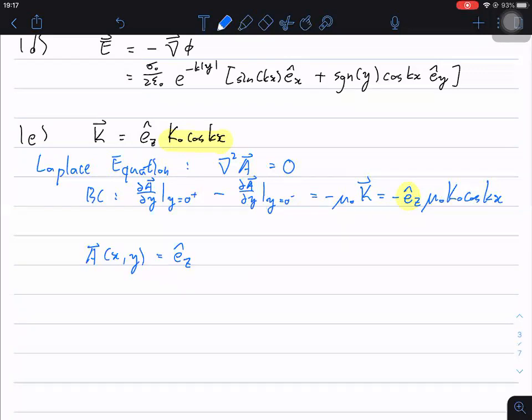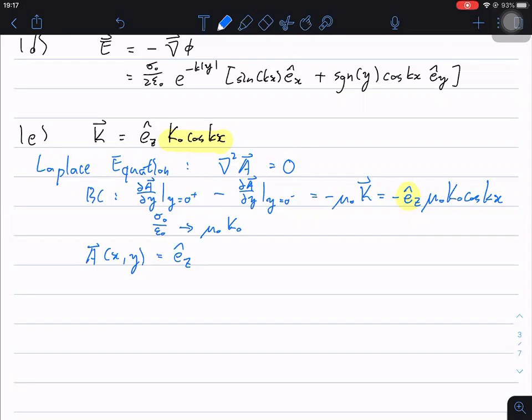Also, if we replace the value sigma naught over epsilon naught in question 1C by mu naught K naught, then the boundary condition is basically the same as the boundary condition of question 1C.